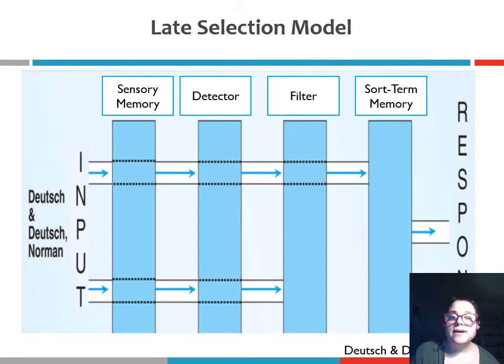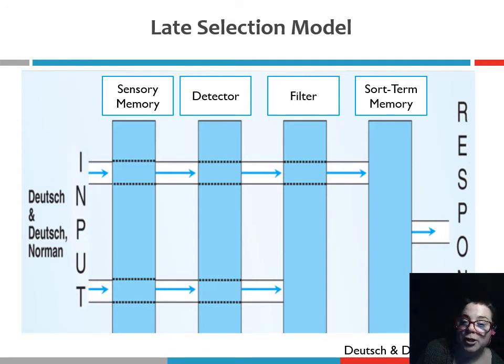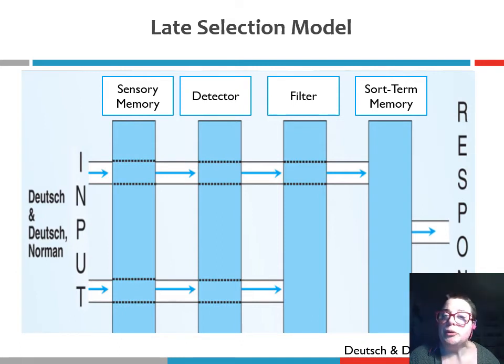But there's a kind of obvious flaw with this late selection model, and that obvious flaw has to do with the concept of cognitive economy. Cognitive economy is a concept that was referenced in the 7 Sins of Memory article, right?